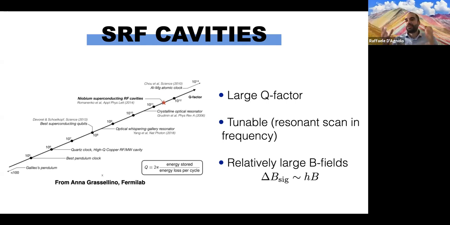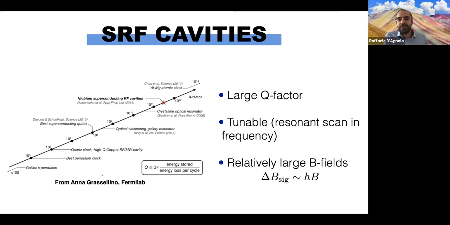But the precision with which we can measure electromagnetic fields is not really comparable to the one of LIGO, so to the precision with which we can measure distances. So it's almost impossible to just have a brute force measurement of a magnetic field induced by a gravitational wave. And to some extent, we are forced to resonate. And these SRF cavities are essentially the best electromagnetic resonator that I know.